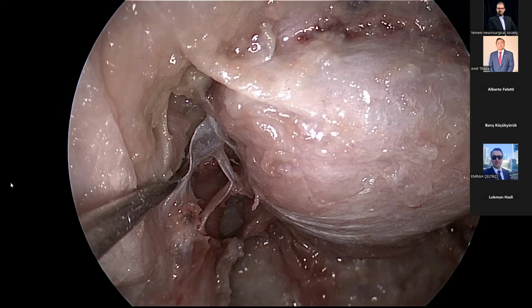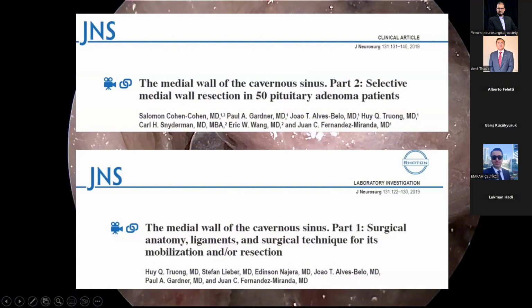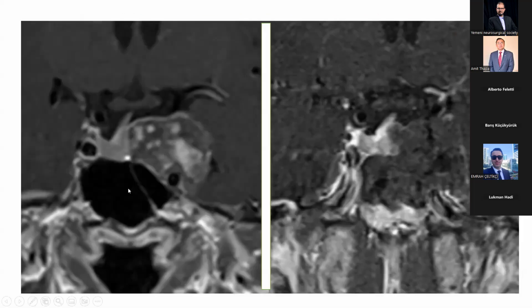So these two papers on the medial wall of the cavernous sinus are defining the ligaments and their importance. But let's be honest, during a random pituitary surgery which invades the cavernous sinus, we don't see those ligaments. But where are those ligaments if they are mentioned in the anatomical study? So it changes according to the nature of the tumor.